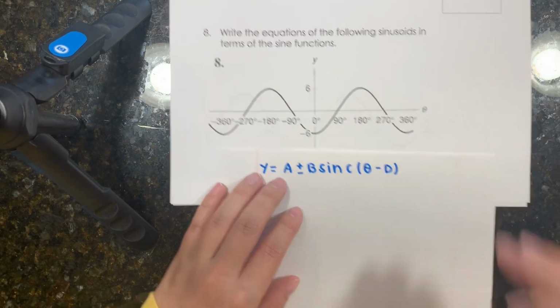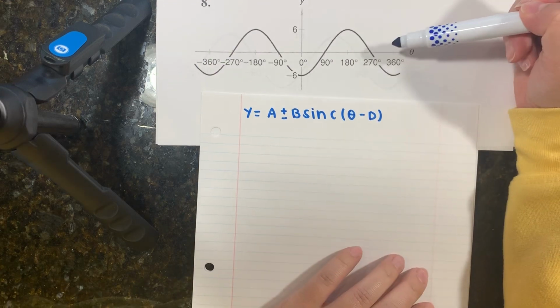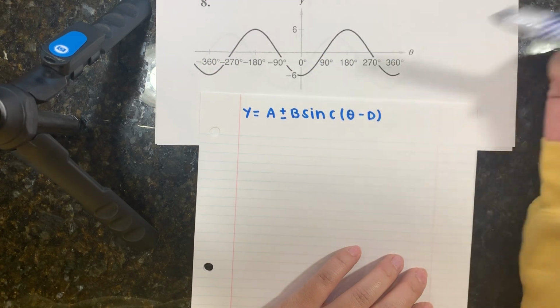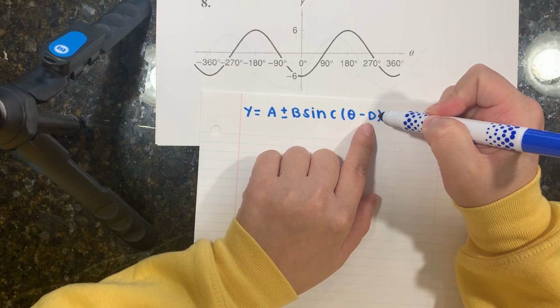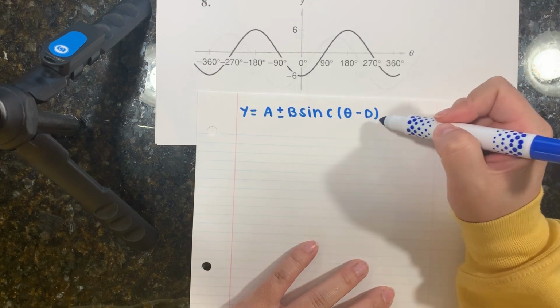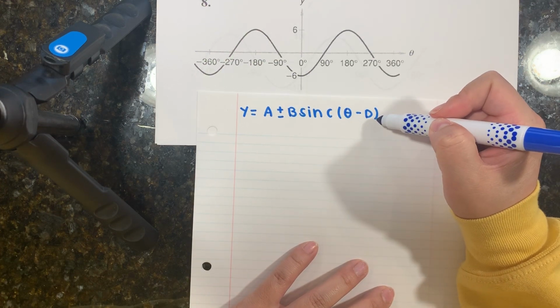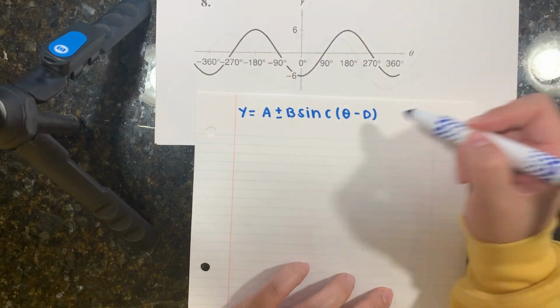If you look at this function right now, it's actually not a sine function, it's a cosine function. That's where the phase shift is going to come in, because in order for this to be a sine function, it would need to pass through the origin right here. So we're not going to do that yet.